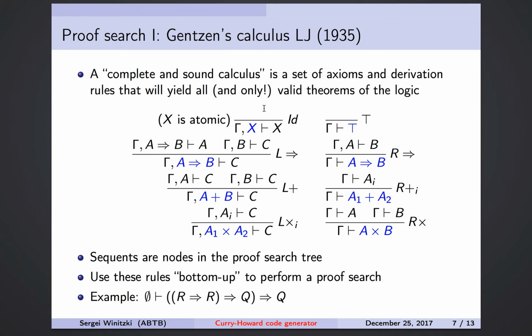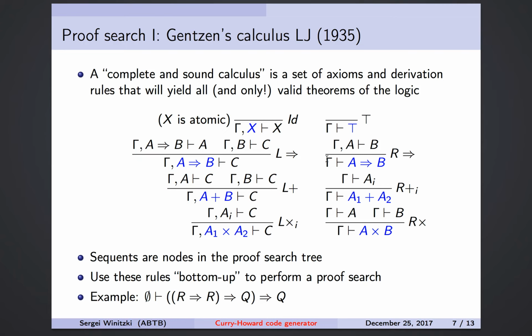This calculus is a set of axioms and derivation rules such that, if you apply axioms and derivation rules in any order, it will give you all the valid theorems of this logic and only the valid theorems. It will never derive anything that is incorrect, and also it will not fail to derive something that is correct. So he proved that for the constructive logic, these are the rules.